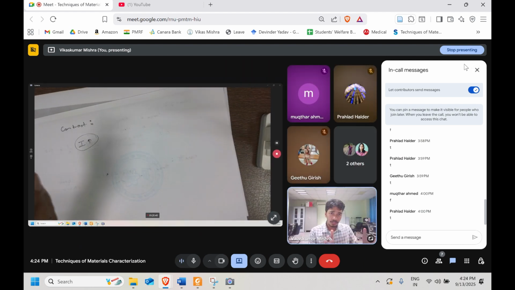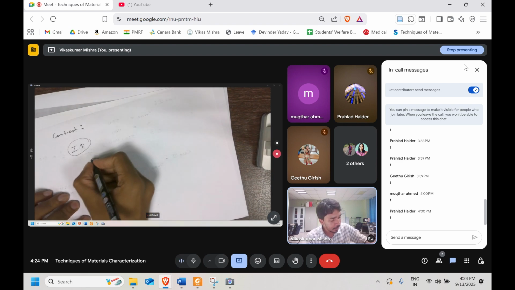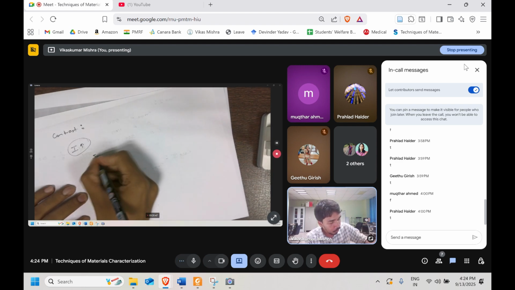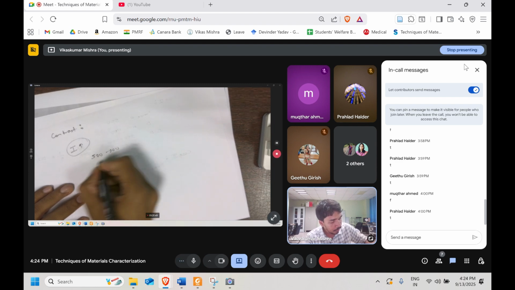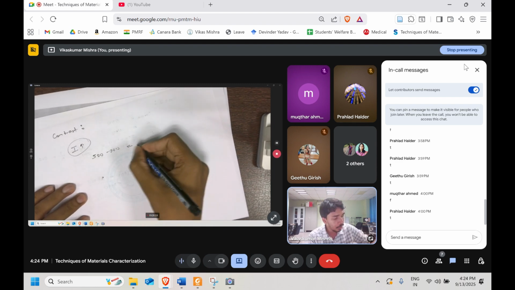Along with the signal, let's say the initial difference is 500 minus 200, which will come to around 300.